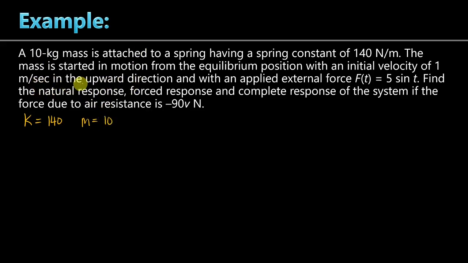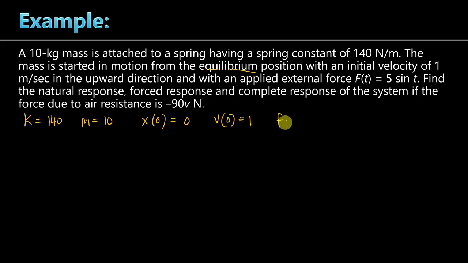The mass is started in motion from the equilibrium position, meaning, nagsimula siya sa x is equal to 0. That's why the initial value of x is 0, again, because it came from the equilibrium position. It has an initial velocity of 1 meter per second. Ayan, v of 0 is 1 meter per second in the upward direction, so positive.